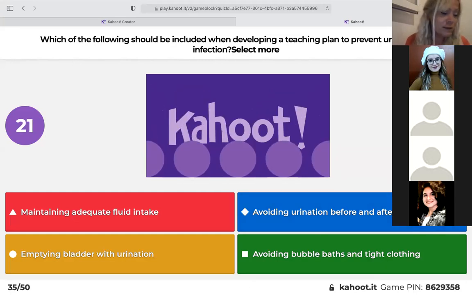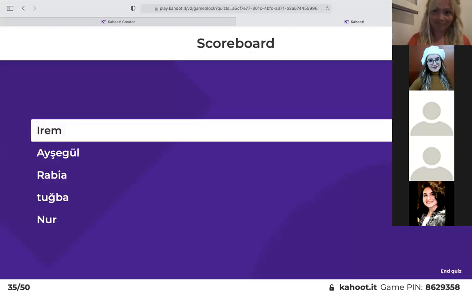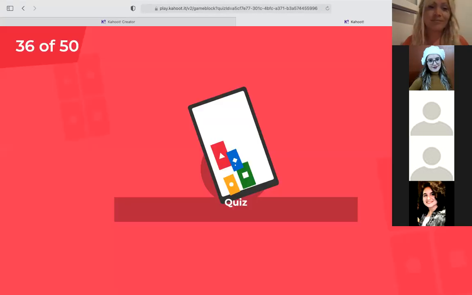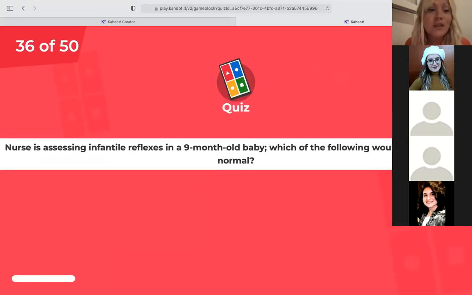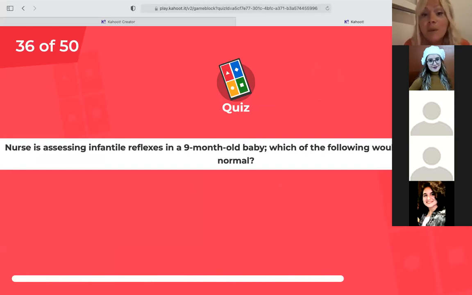And we have 9 minutes. We can be fast. The nurse is assessing infant reflexes in a 9-month-old baby.